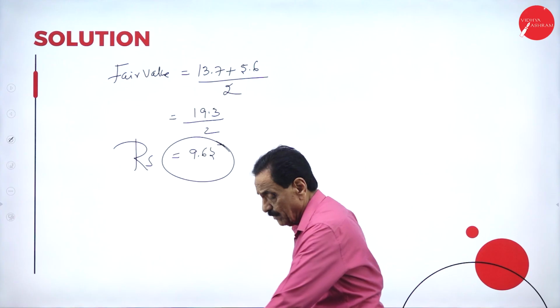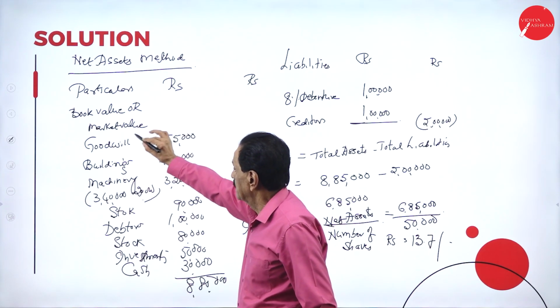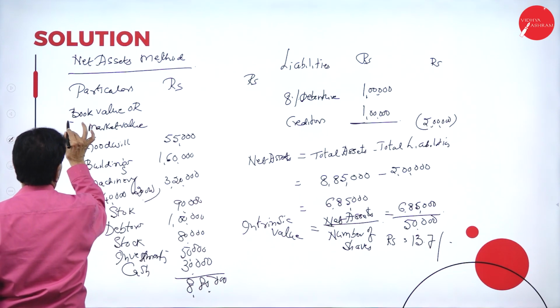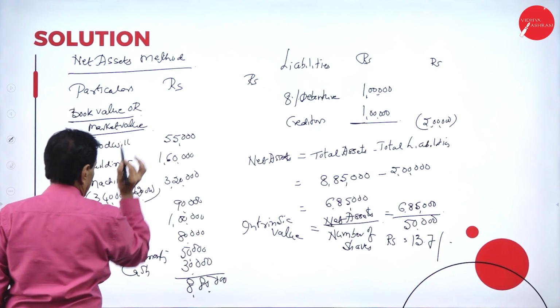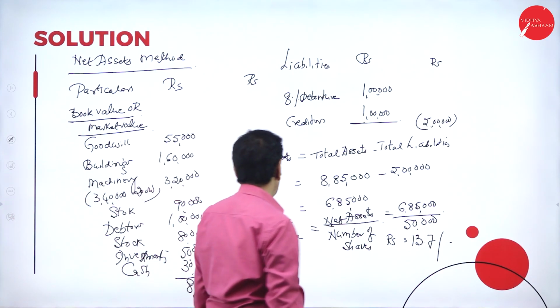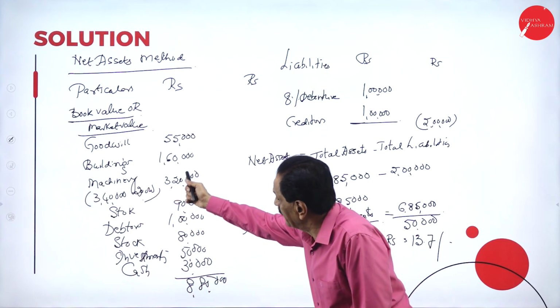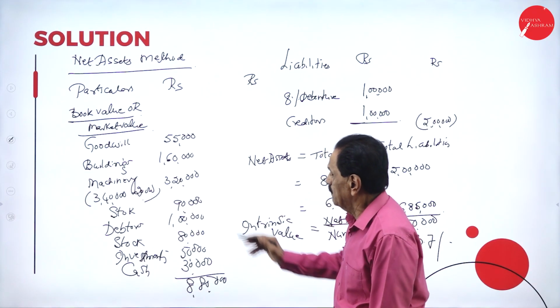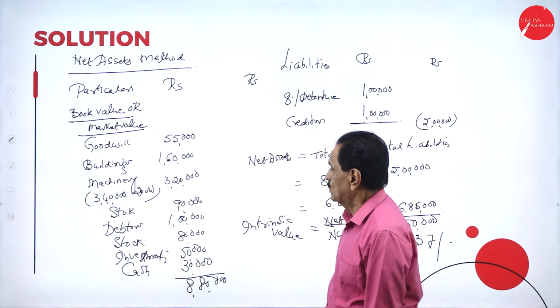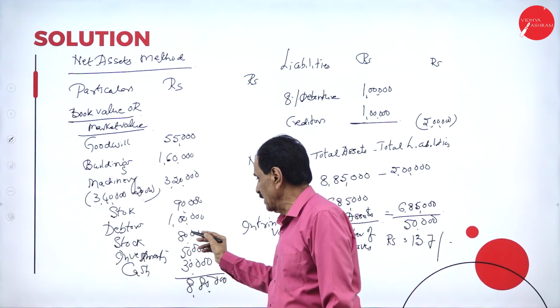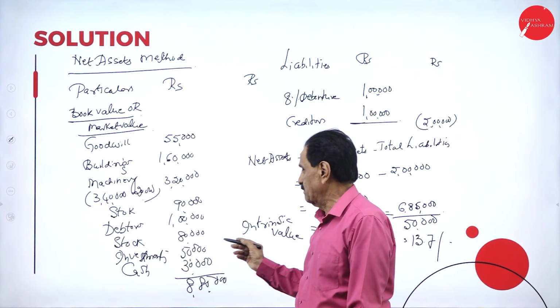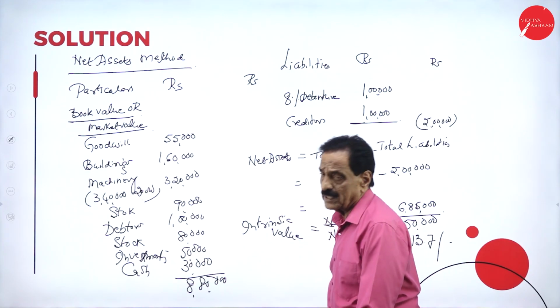So how to do that now? First one, net asset, book value or market value. So goodwill 55,000, building 1,60,000, machinery 3,20,000, stock 90, debtor 1 lakh, stock 80, investment 50, cash 30,000.